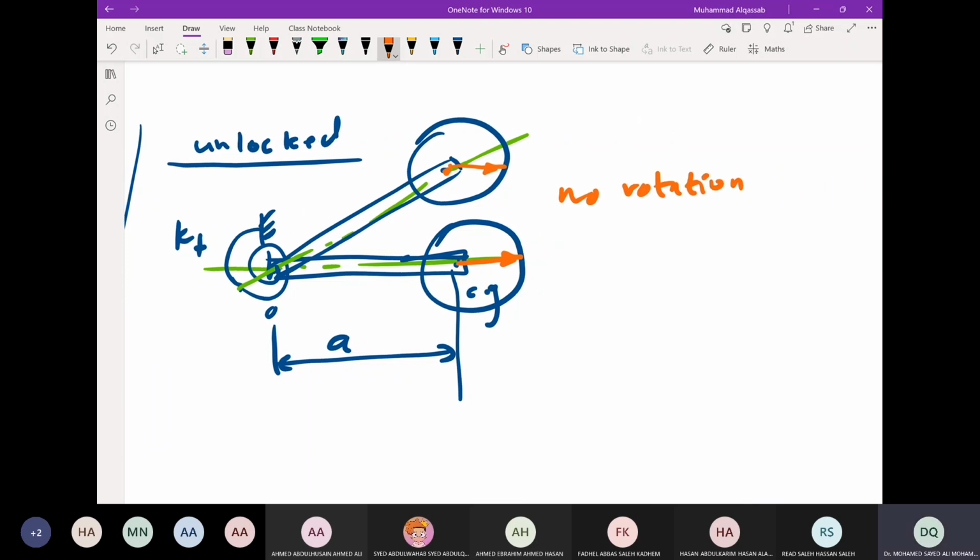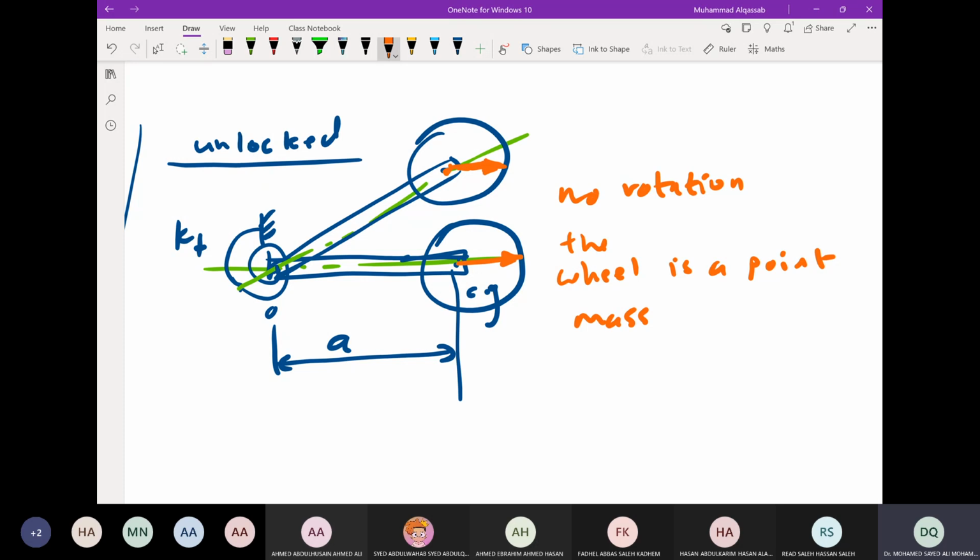So the wheel becomes a point mass. No rotation, right? So it's only translating. So this reference mark is always horizontal, because I already put the reference mark horizontal.